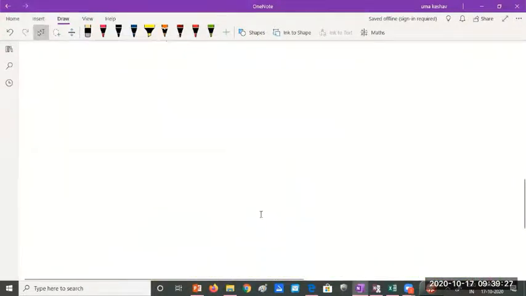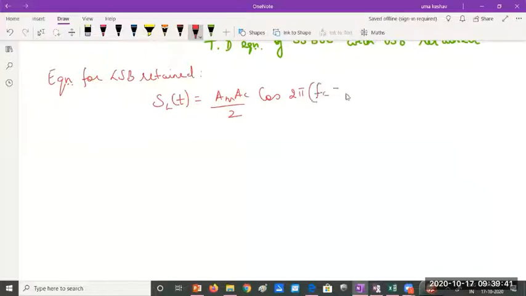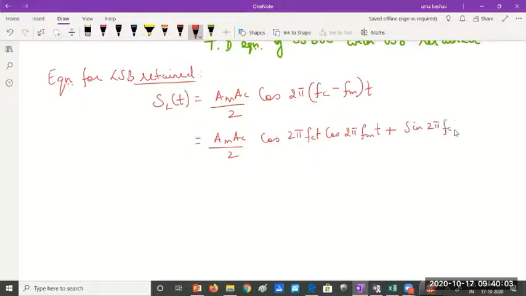So all you would be doing is you will have AM AC by 2 cos of 2 pi (FC minus FM) into T. This is your LSB filtered out. Now, this you should expand in the same form. This will become cos 2 pi FCT into cos 2 pi FMT plus sin 2 pi FCT into sin 2 pi FMT.